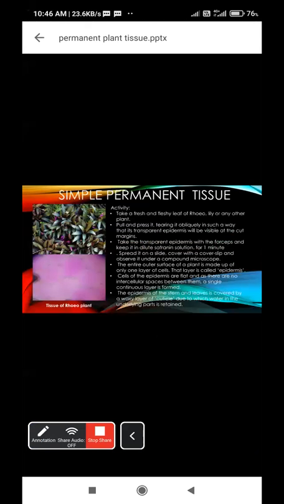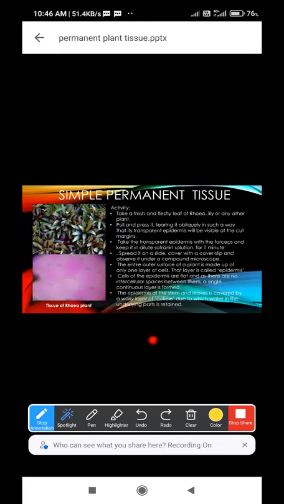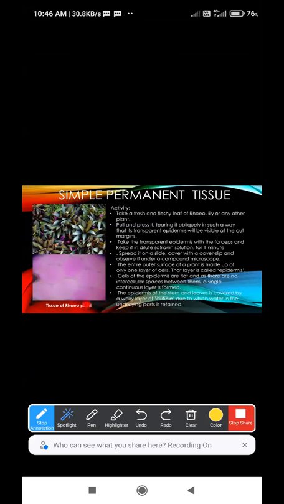Now, when we observe that slide in the microscope, we can see such types of cells. Observe it carefully. The shape of the cell is hexagonal and they are very compactly arranged. You can see that there is no space or gap between the two cells.